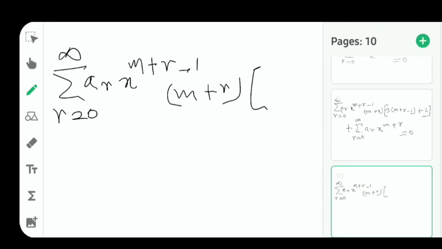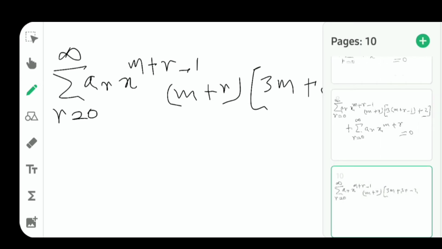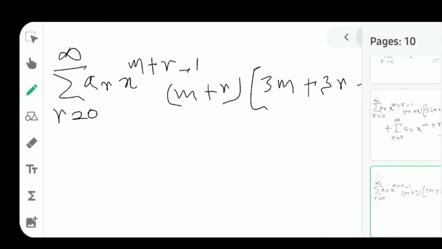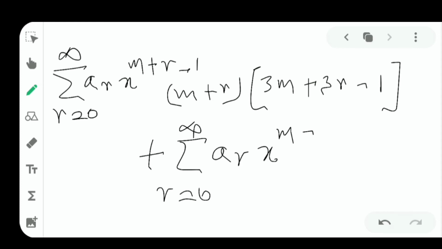If it gets simplified, it will be 3m plus 3r minus 3, plus 3m plus 3r minus 2. If you take minus 3 plus 2, it will be minus 1, left over with minus 1, and plus summation r equals 0 to infinity a_r x to the power m plus r.